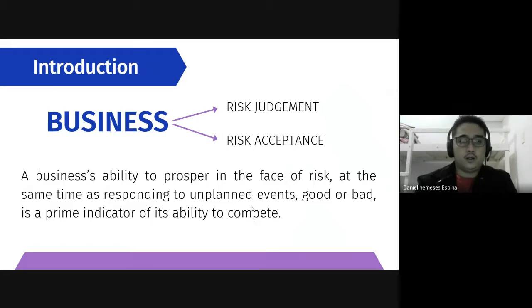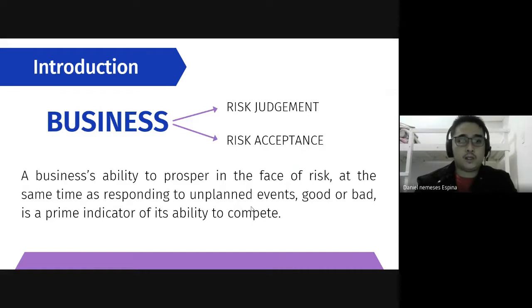In establishing or operating a business, they are surrounded by so many risks. Some of these risks can help us achieve our goals. Some of these risks can make the business go bankrupt or lose its assets.